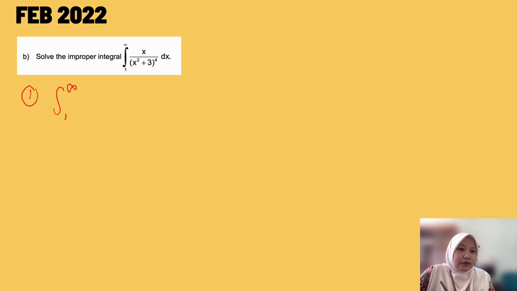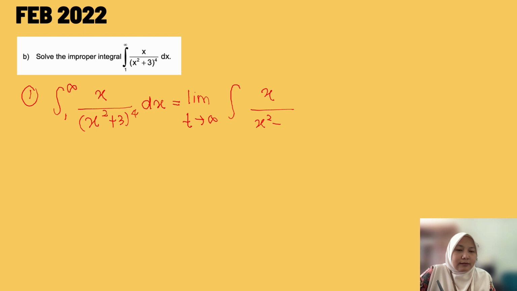So we write the integral back: the integral of x over (x squared plus 3) to the power of 4 dx equals the limit of t approaching positive infinity of the integral of x over (x squared plus 3) to the power of 4 dx from 1 until t.